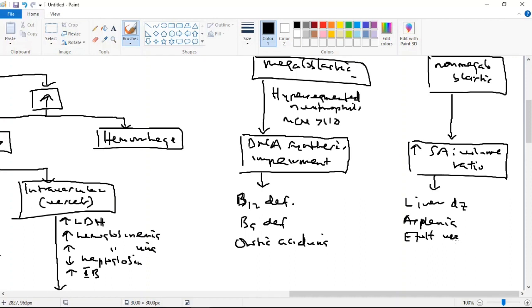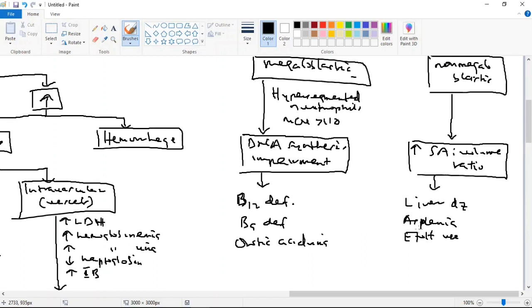But remember, downstream of the deficiency, we don't have pyrimidines. Without pyrimidines, we can't make DNA, red blood cells can't proliferate properly, and that leads to megaloblastic anemia.